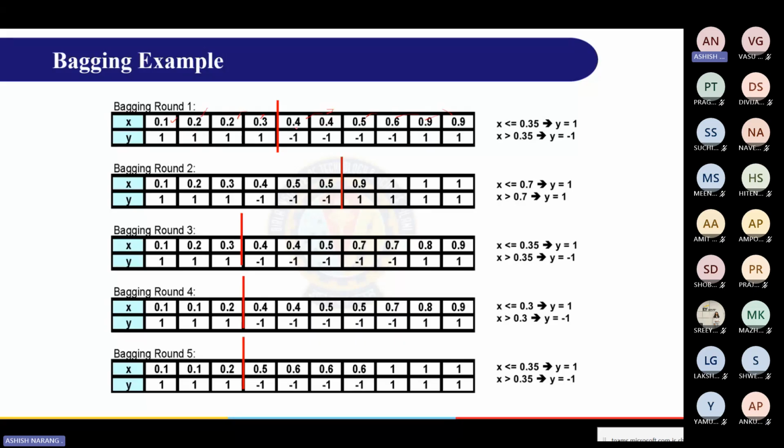This is the sample that we have taken in the first round. Up to this point, this is a pure part I am getting, and here there is some impurity. The split I am going to do is 0.35, and this is greater than 0.35. At least one part I am correctly able to do, and in the other part there is some error.